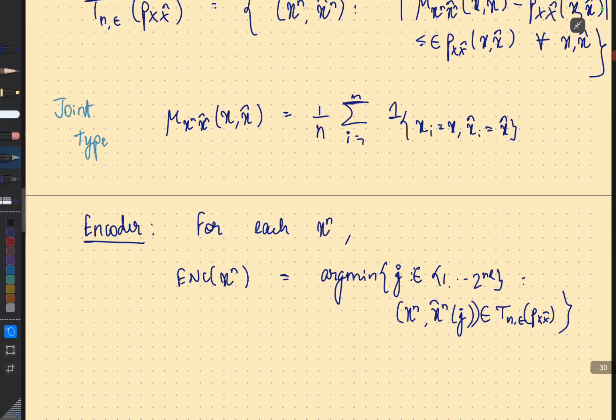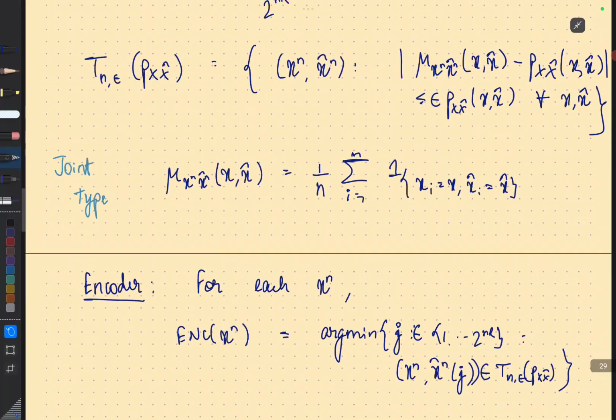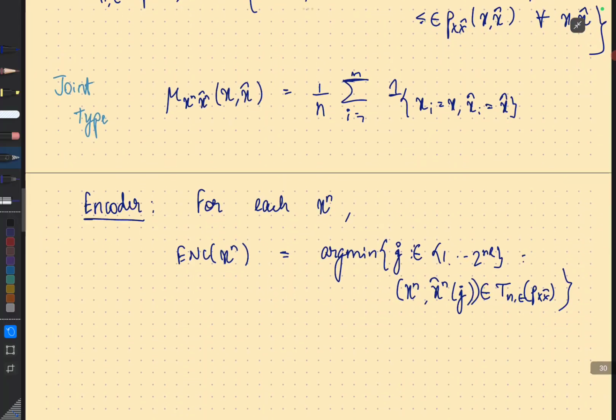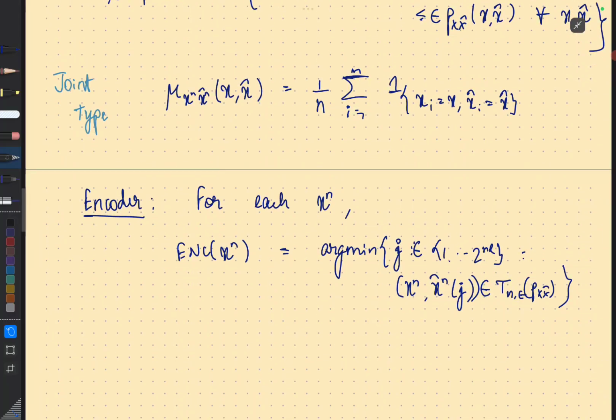Alright, so the conditional distribution P x hat given x only appears in this construction of the encoder. It does not occur anywhere in the construction of the codebook itself. So the codebook is constructed according to P x hat, and the encoder basically says that you map each x^n that is typical to the corresponding x hat^n.